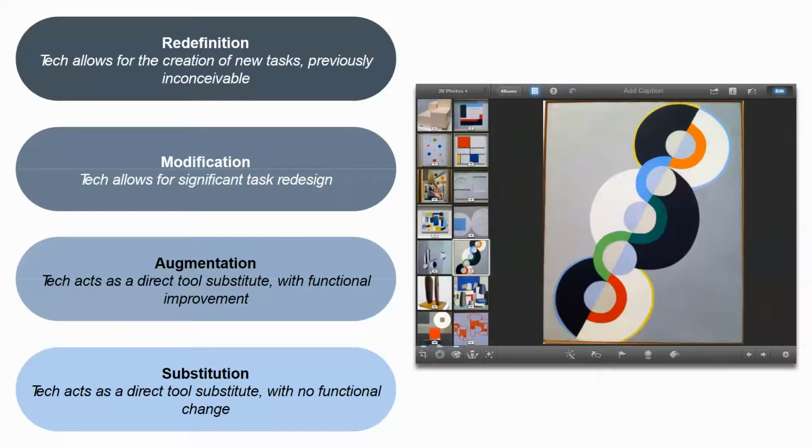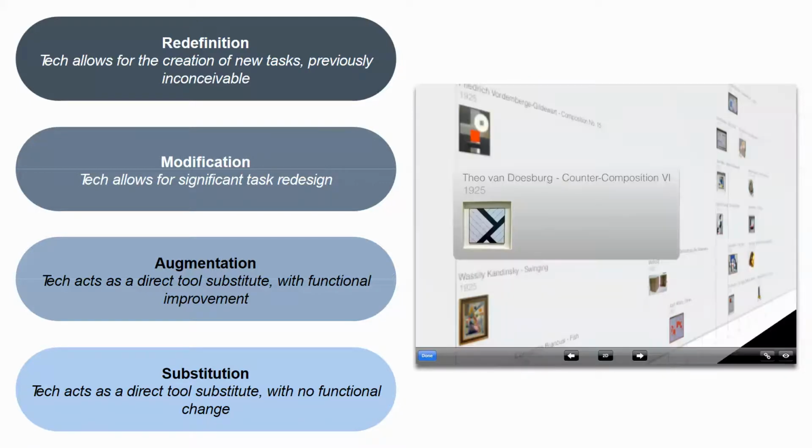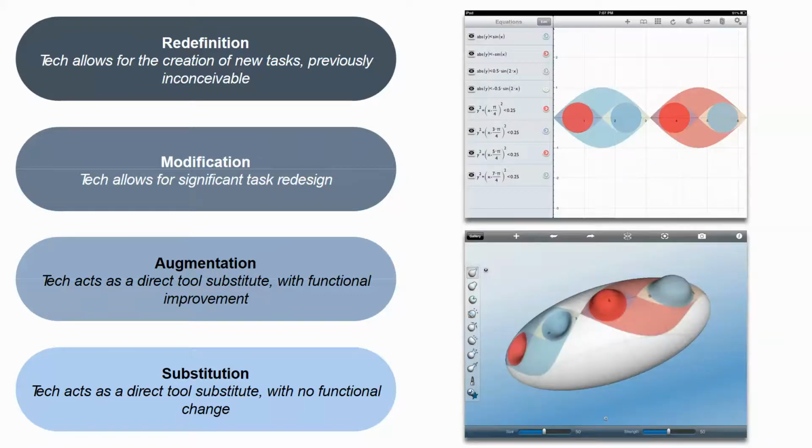So here's another thing, and it's just art. So we're looking at pictures of art online and maybe putting them all together. So that would be substitution. Here's modification. So we're looking at museums and going to museums to look at different artists. Augmentation.